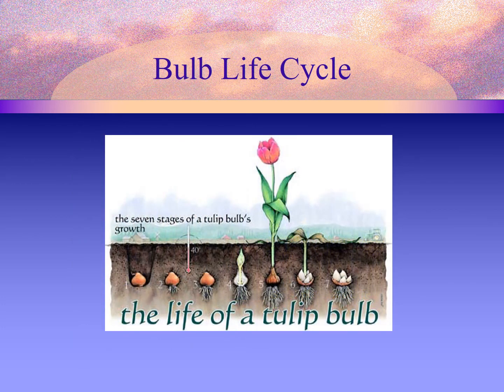This picture shows the life cycle of a bulb, and this picture would work for both tunicate and scaly bulbs. Again, most bulbs that you and I are familiar with would be fall planted. So if we look at the far left hand side of the picture where it says number 1, imagine that this is a bulb that was fall planted.